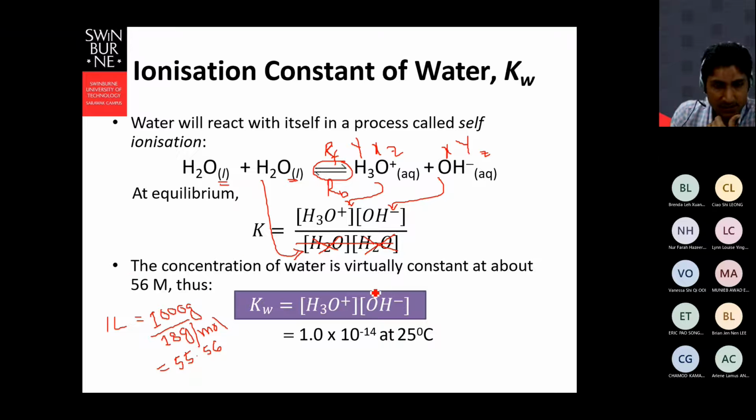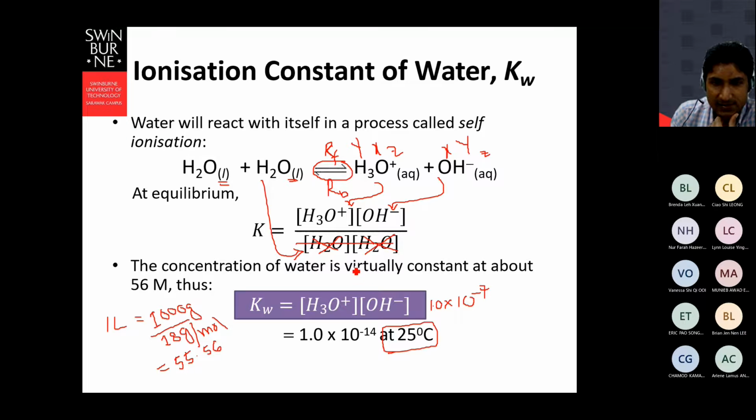And then an experiment was conducted and found that at 25 degrees centigrade, it is important, at 25 degrees centigrade, this water will dissociate, and then it will have 10 power negative 7 molar of hydroxyl ion, 1 times 10 power negative 7 actually.